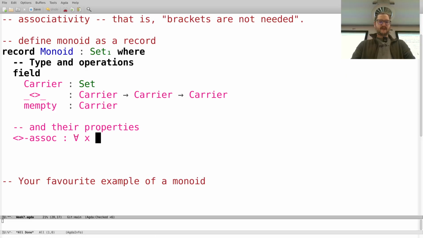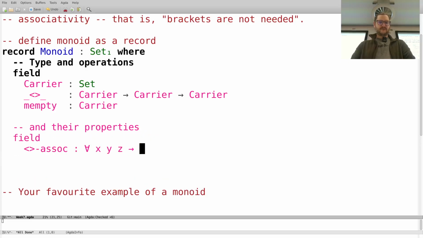And so we have ASOC, which is saying that x, y, z, it's a bunch of fields where you have x, y, z. So the brackets are not needed, it is equal to x, y, z. I'm just going to write it first, and then sprinkle some brackets here and there.